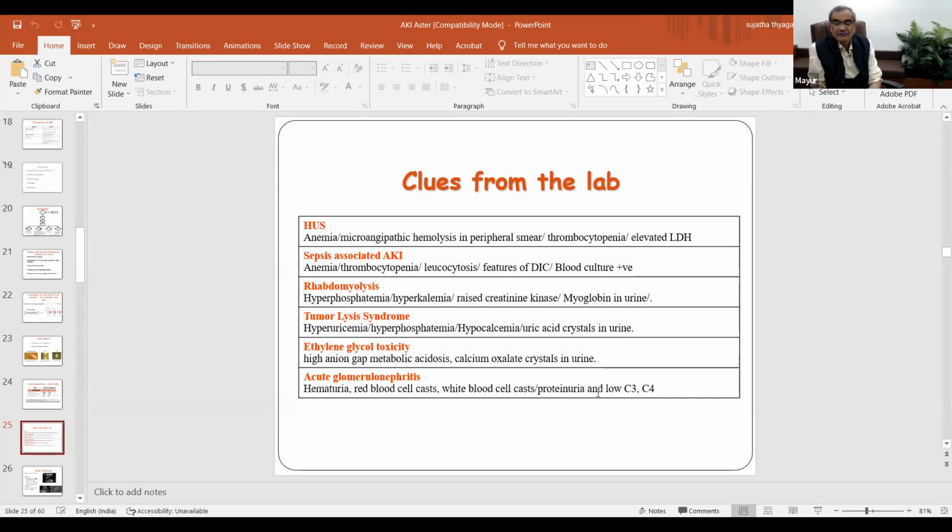Rhabdomyolysis, there is hyperphosphatemia, hyperkalemia, and raised creatine kinase and myoglobinuria. And hyperkalemia and raised potassium are out of proportion to the rise of creatinine, and it's a hypercatabolic state. Tumor lysis syndrome is another hypercatabolic state where you have hyperuricemia, hyperphosphatemia, hypocalcemia, and uric acid crystals in urine. And there are some other examples.